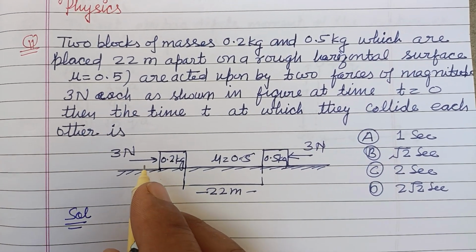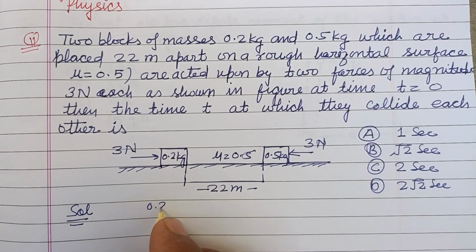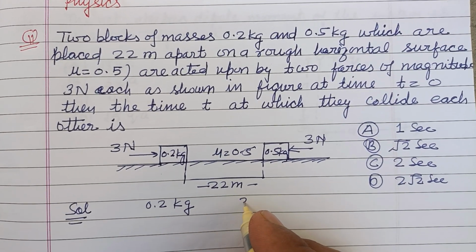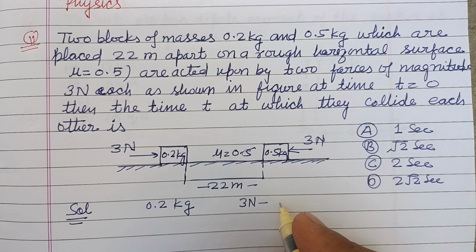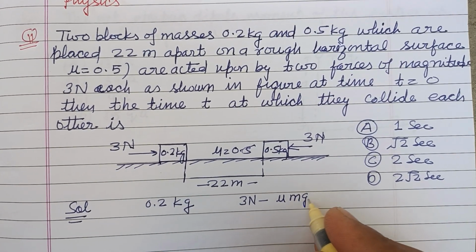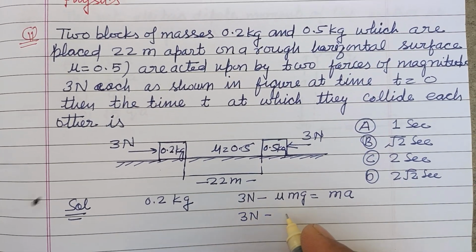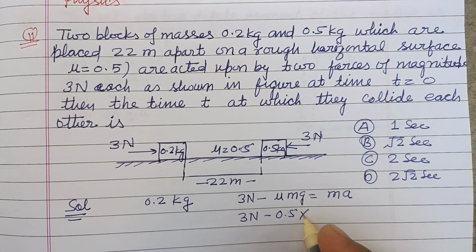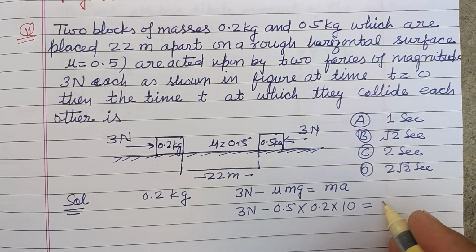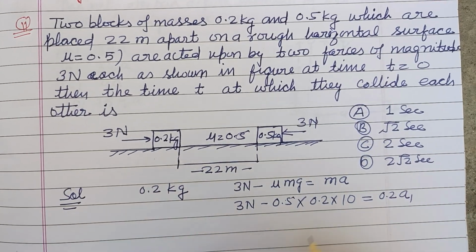So first of all, the acceleration of this particle of 0.2 kilogram mass. This is 3 Newton minus mu R, where R equal to mg, equal to ma. So 3 Newton minus mu, which is given to us as 0.5, into mass 0.2, and g is 10, equal to m, which is 0.2, into a1, its acceleration.